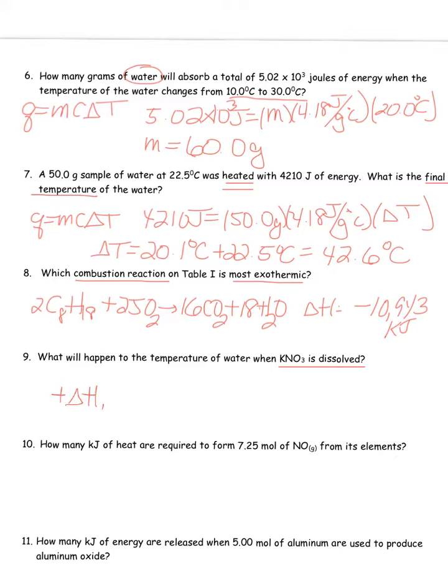If I forget what positive means, I can look at the bottom and see that negative means exothermic, so positive means endothermic. And whenever something is endothermic, it's taking in energy from the surroundings. In this case, water is a good portion of those surroundings. So if water is giving up some energy to get that stuff to dissolve, the temperature will decrease.